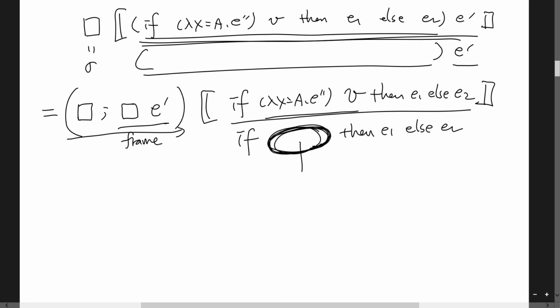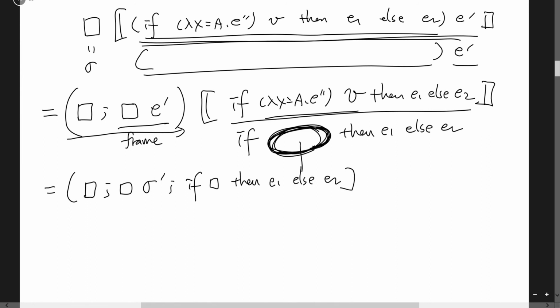The machine is supposed to explicitly analyze this expression for itself. So we keep the previous stack of frames and add a new frame, which is if hole, then e1 else e2. And next, we'd like to analyze lambda expression applied to value v.